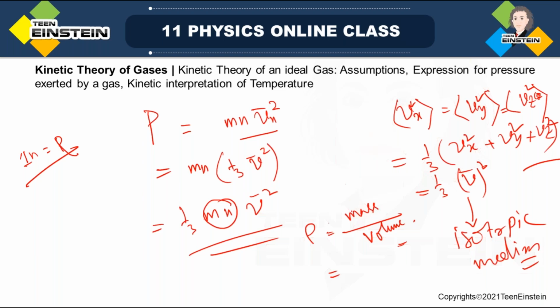So mass, suppose m into n, divided by volume. Actually per unit volume. So this is mass per unit volume, rho. So if it is per unit volume, then mn can be considered as rho. So 1/3 rho v average square.